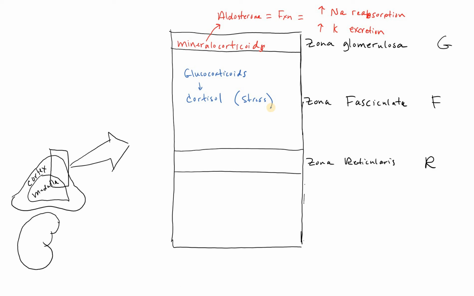We might get into that later on in the semester, but for now the quick version is it will increase fat catabolism and starts to decrease glucose and amino acid uptake in skeletal muscle.